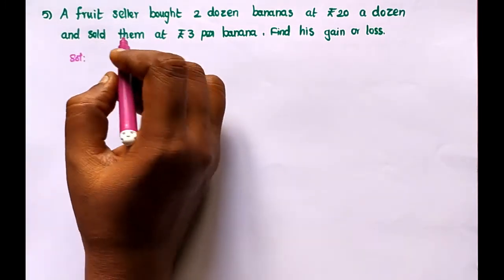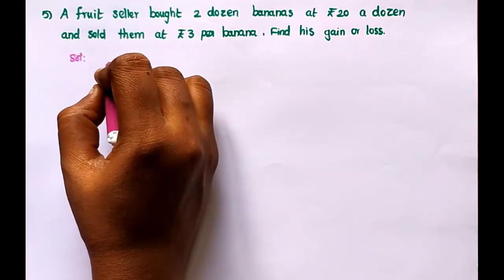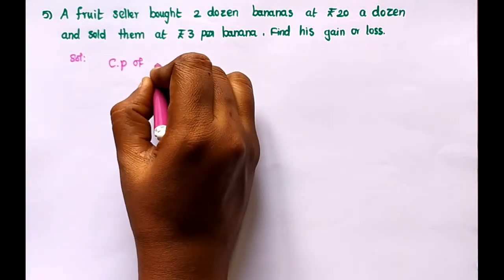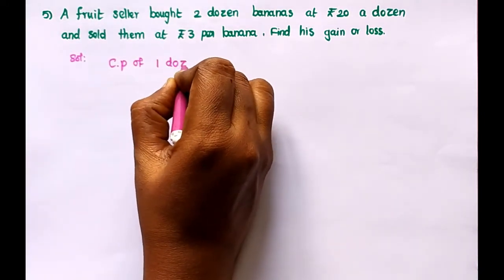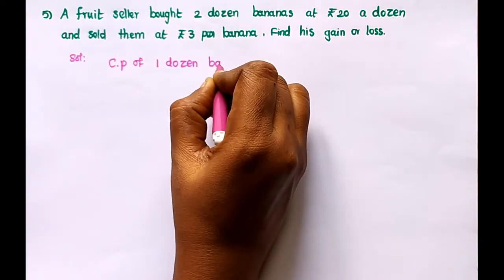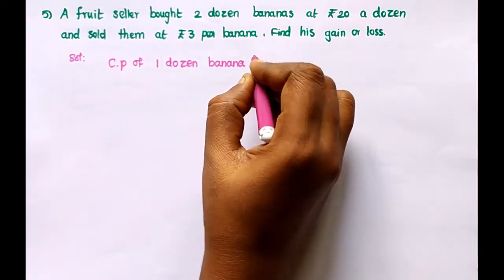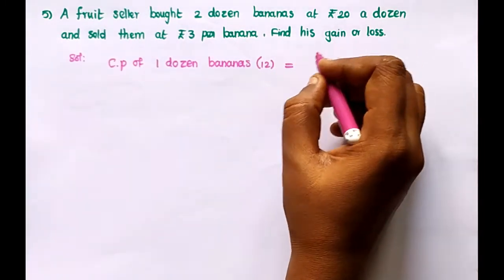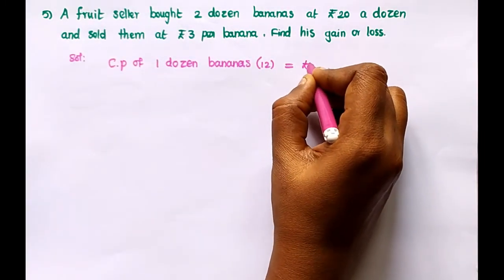Solution. Cost price of 1 dozen bananas, that is 12, equal to rupees 20.